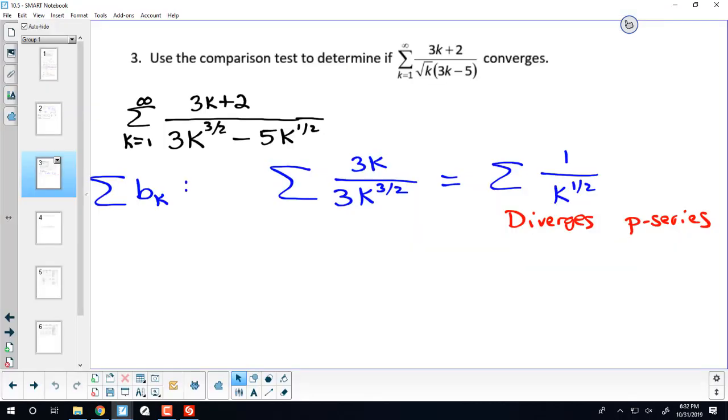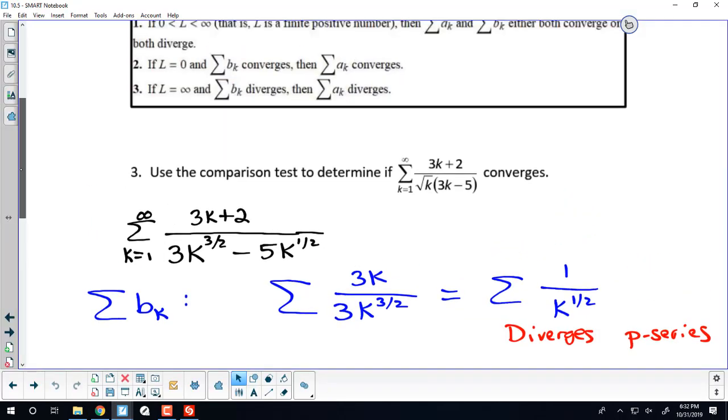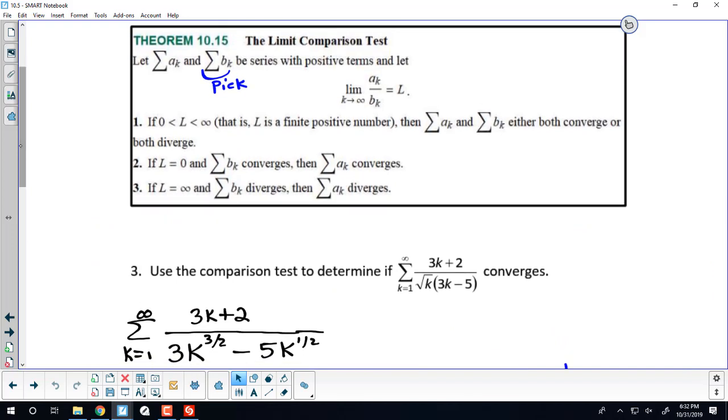All right, in 10.5, we were looking at comparison tests, the direct comparison test, and then we moved on to the limit comparison test. Just a quick reminder of what the limit comparison test was. Just like with the direct comparison, we choose some series to compare to.